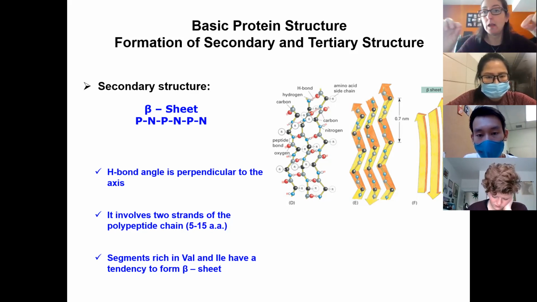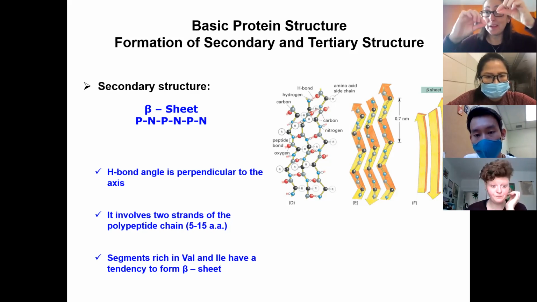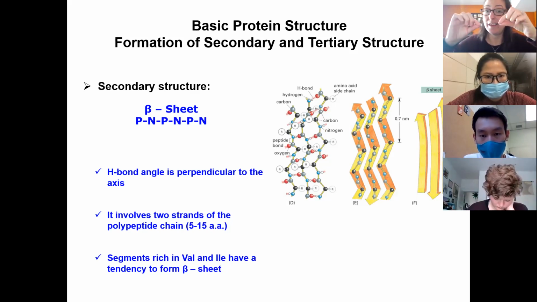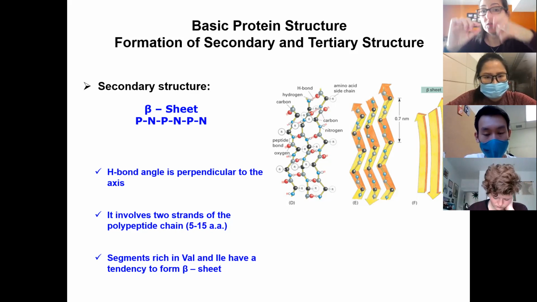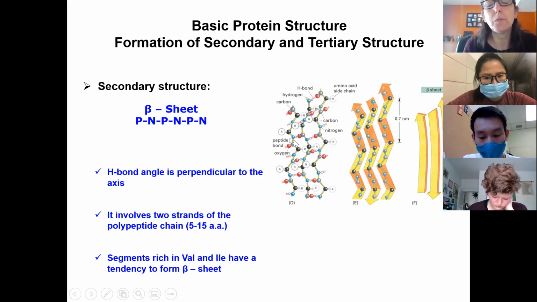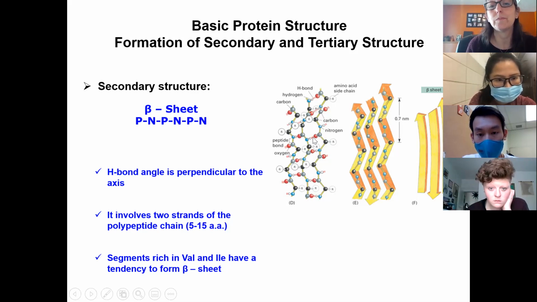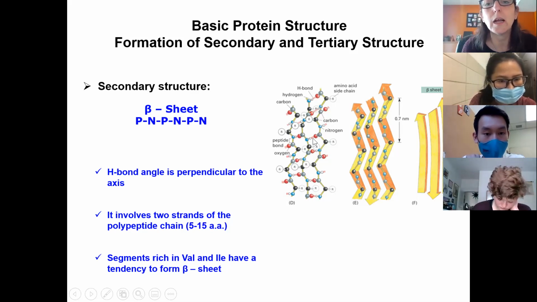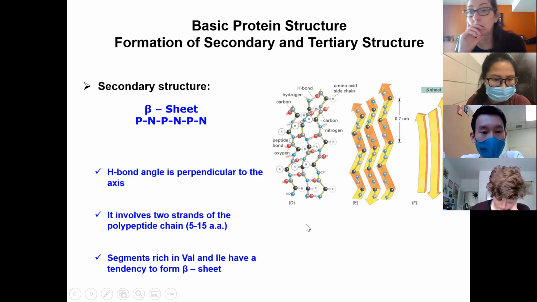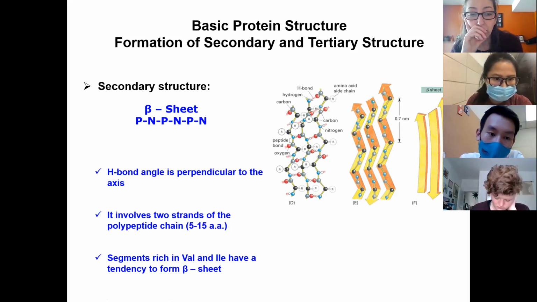If you have a string, you can form parallel sections within that string. When that is formed, then you have hydrogen bonding perpendicular to the axis. If you can see here, there's this red structure indicating hydrogen bonding. They are perpendicular to the axis of the beta sheet formation.